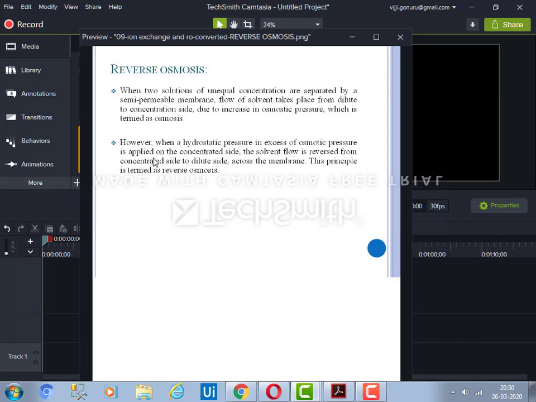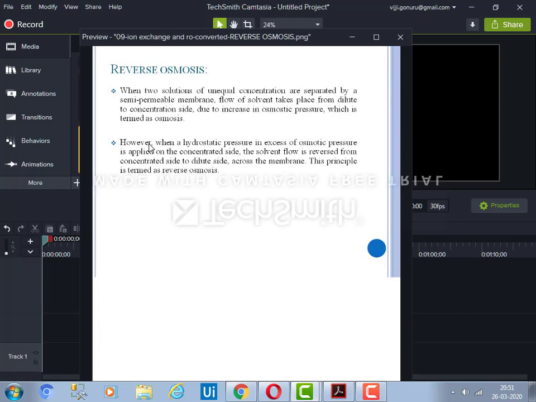But what is meant by the reverse osmosis process? It is when we apply pressure in the opposite direction. Generally, solvent particles transfer from low to high concentration. So if we apply pressure at the high concentrated side, the solvent particles will transfer in the opposite direction.